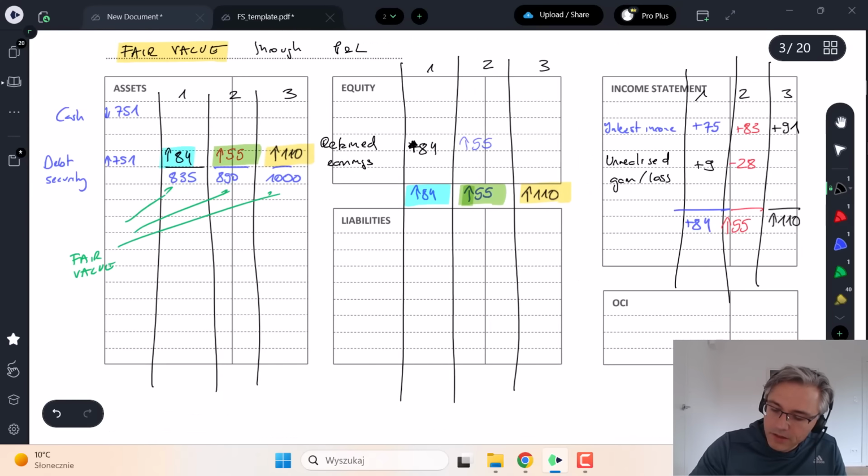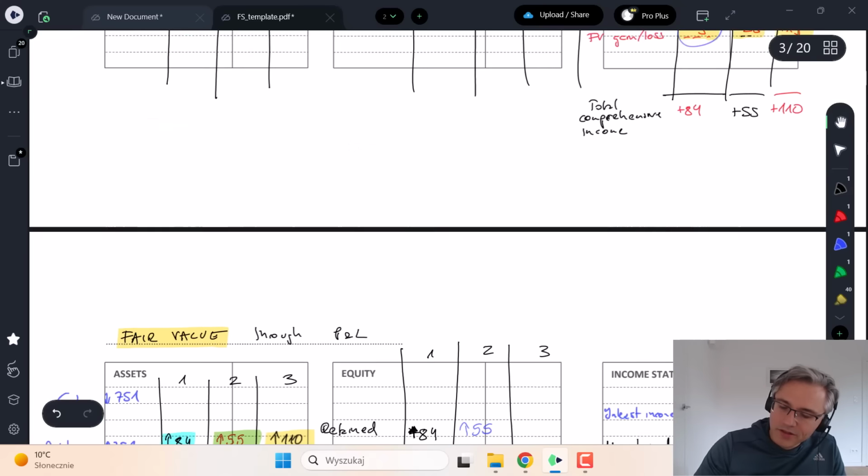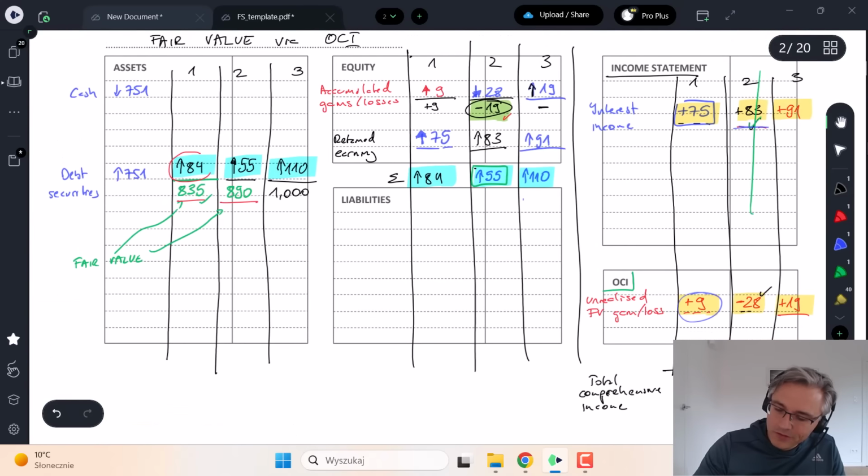So 91 here, plus 19 here. All of these unrealized gains losses, ultimately, they zero out. The net amount zeroes out. What gets reported via interest income is a total of 249, which is common across all of these approaches. In interest income, we report 249.